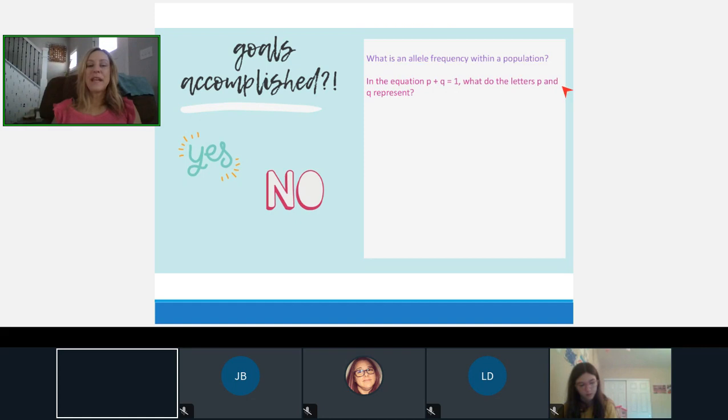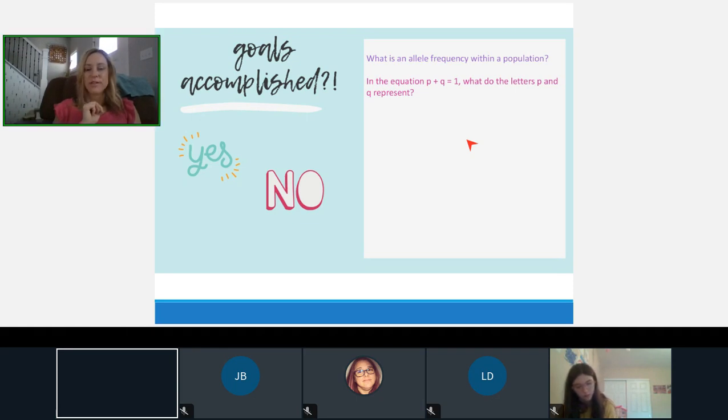All right, what does P represent? The big P. What does the big P represent? Yep, it represents the dominant trait. What does the little q represent in the Hardy-Weinberg equation? The recessive trait. Good. Tell me two things. There's two factors that the Hardy-Weinberg assumes that has to be true of the population.